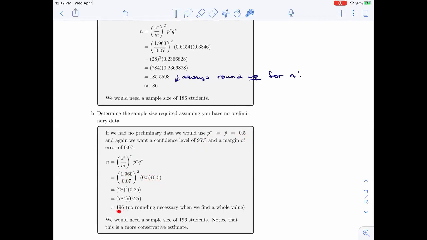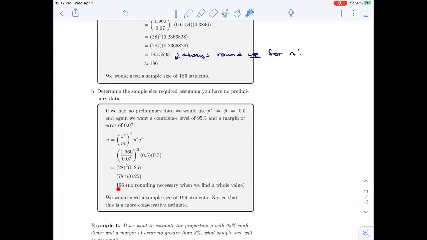There's no rounding needed because we land on a whole number, 196. This is a larger sample size, not that much larger than 186. Notice that this is a more conservative estimate. If we want to play it safe and pretend not to know anything about the data, then we use a P star of 0.5.